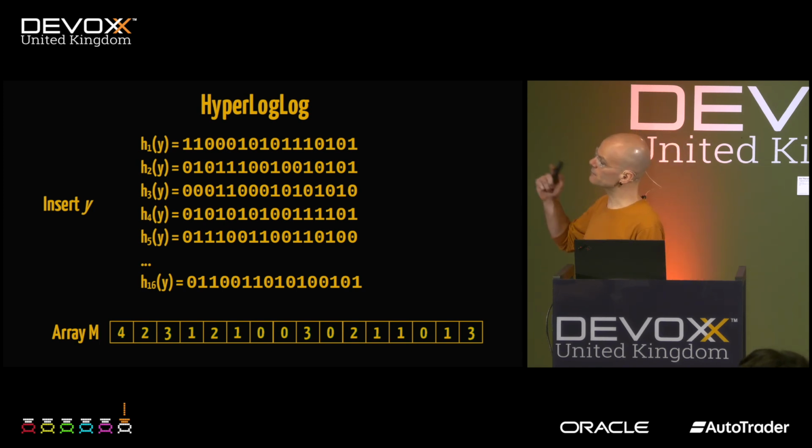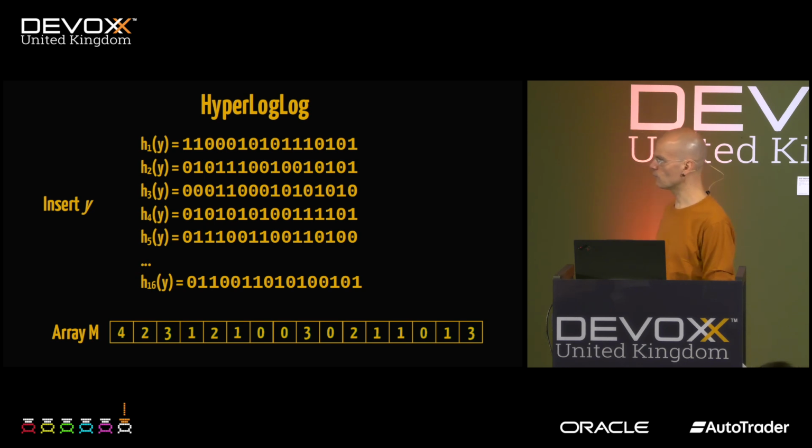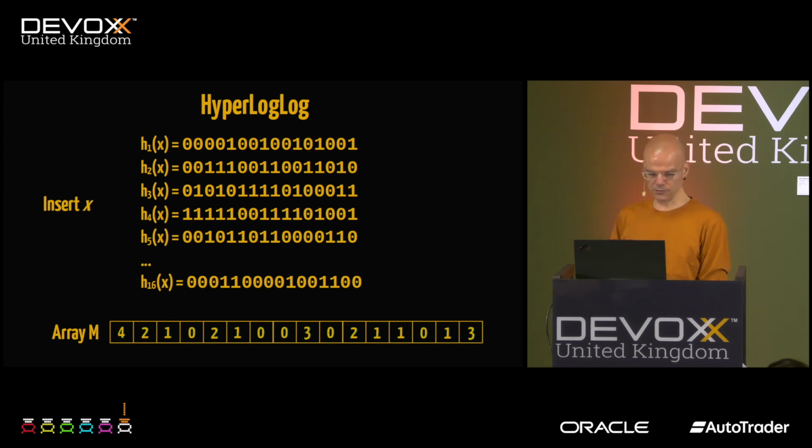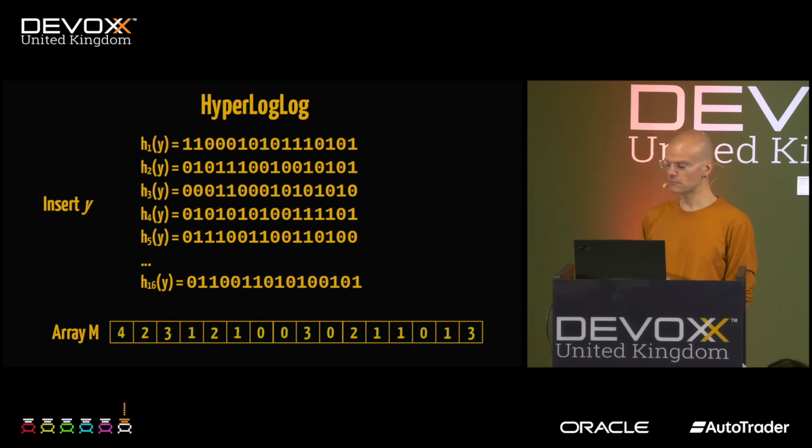The third hash function maps to a number that has 3 leading zeros. The value that we had before was 1, and now we put 3 because it's greater.